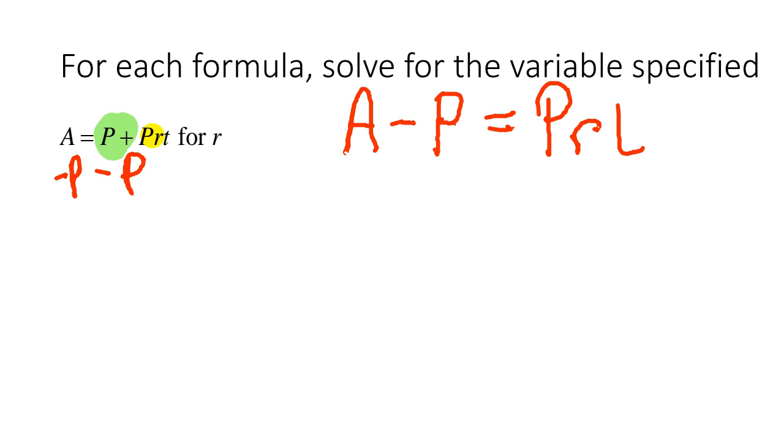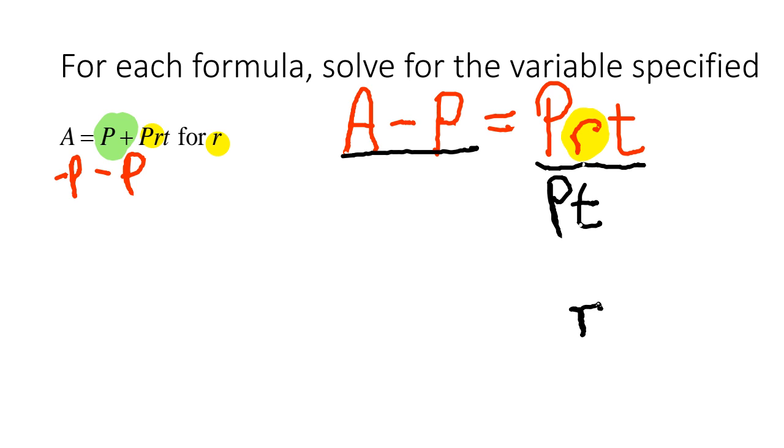Well, we still have to find this R, because that's what they're asking for. What put the P and the R and the T together? Multiplication. That means I am going to divide by the capital P and the T because I want the R to stay. Over here, this is dividing by P and the small t.